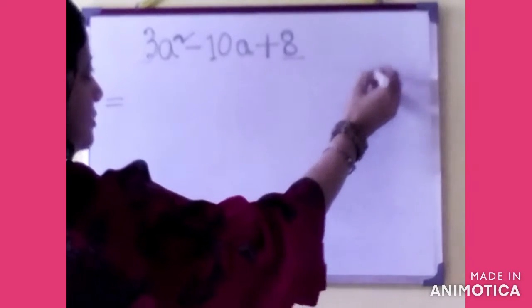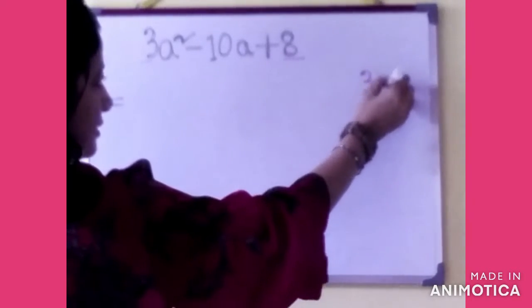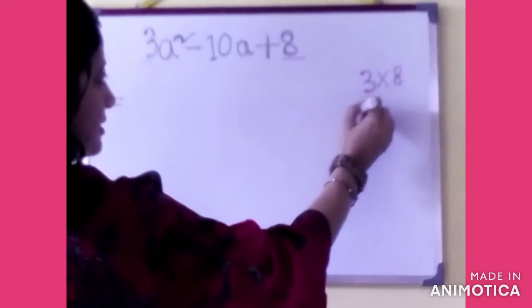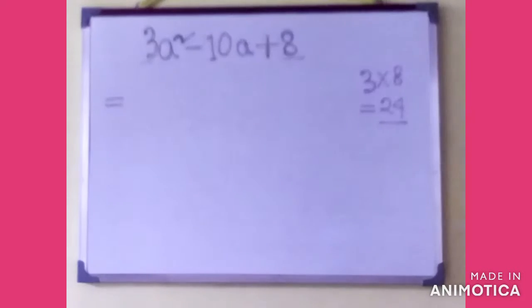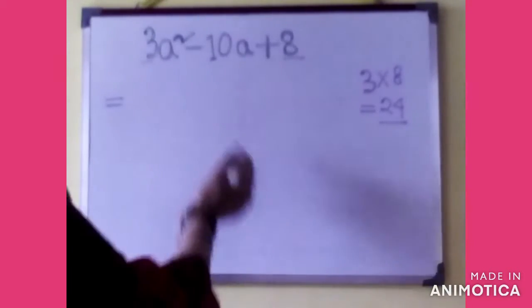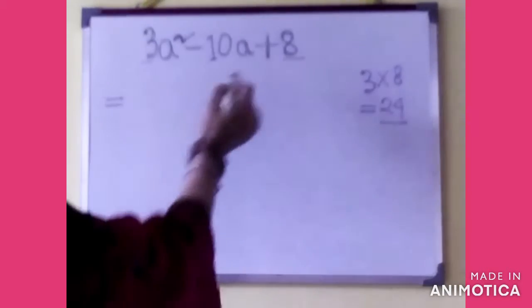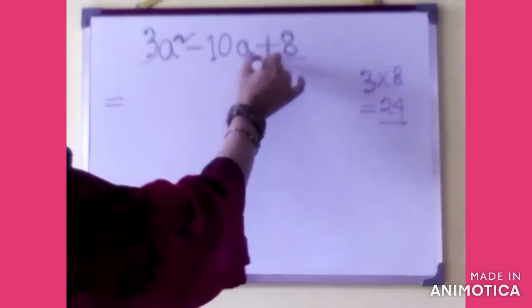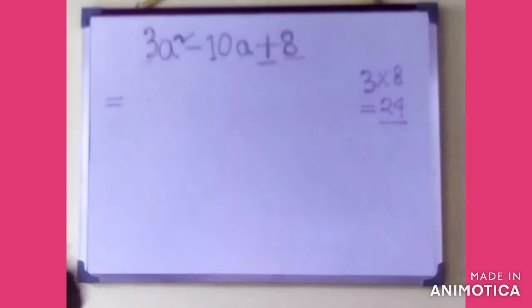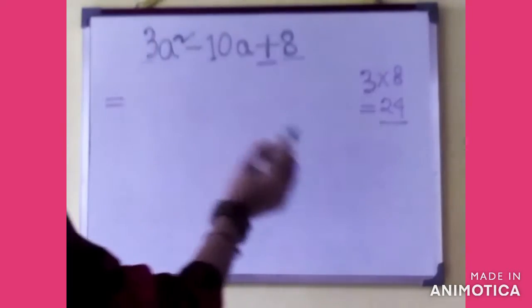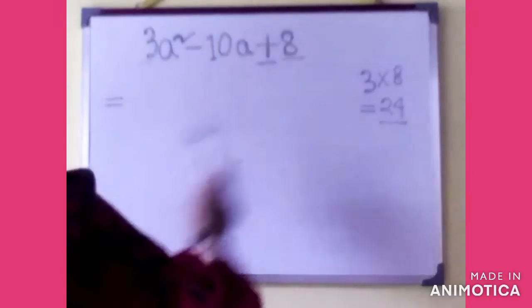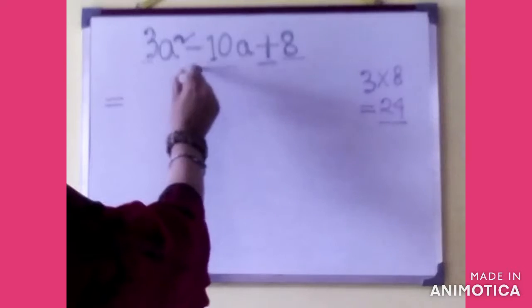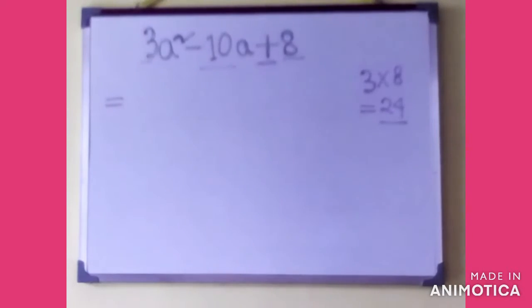So 3 into 8, this product we have to split into only 2 factors, such that after addition, because the sign here is addition, so we will take the addition operation, the sum of the 2 factors of this 24 will be equal to minus 10.